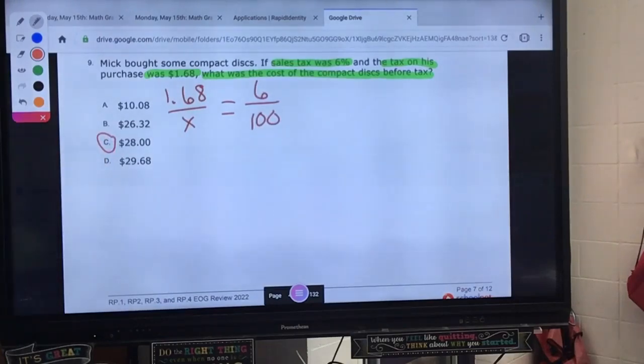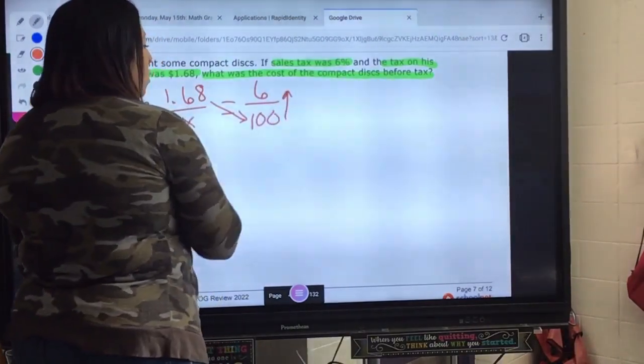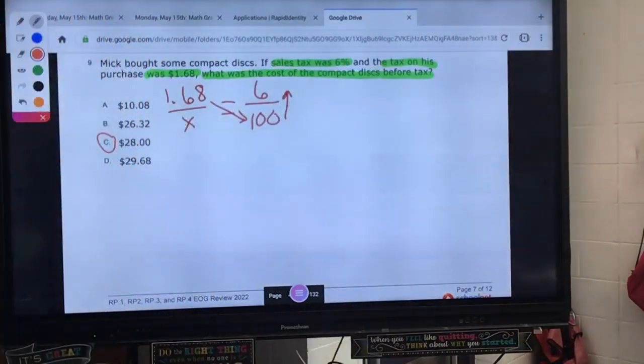How do you figure this out? So when you multiplied and then you divided by 6, when you multiply $1.68, sorry, totally brain fart, times 100, what do you get? Camden?